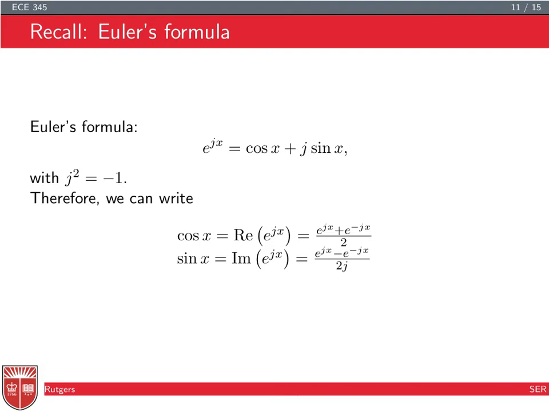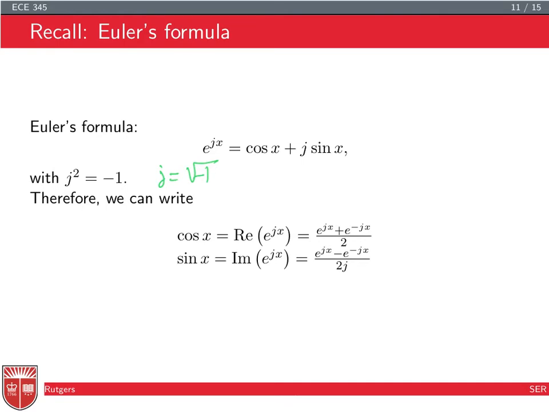Here j is the complex number, the square root of -1, so j squared is equal to -1. In engineering we call it j; in math you may have seen it called i. It's the same thing.